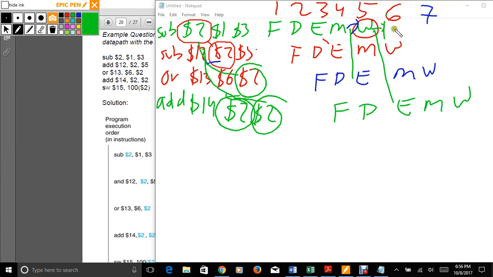And since it's been updated, the reason why this store word here is specifically to test a specific concept. So we have store word 15, 100, and 2. So we're taking the value from 2 to calculate the base address. In this case, because we have updated the address, we have fetch, decode. When we do decode, we're moving everything from the registers to put it on the buffer.